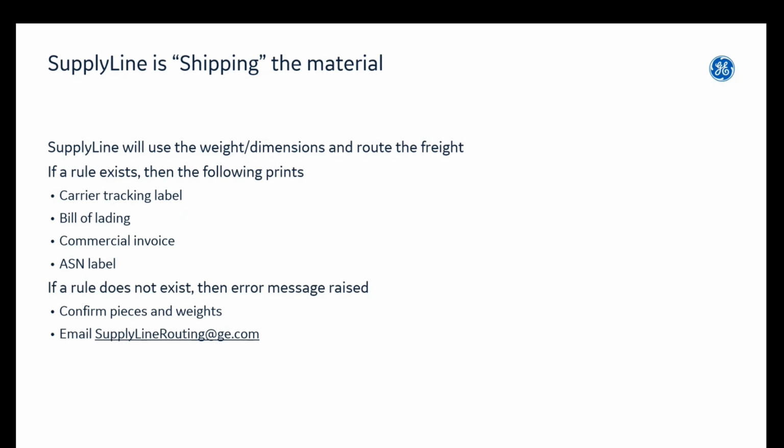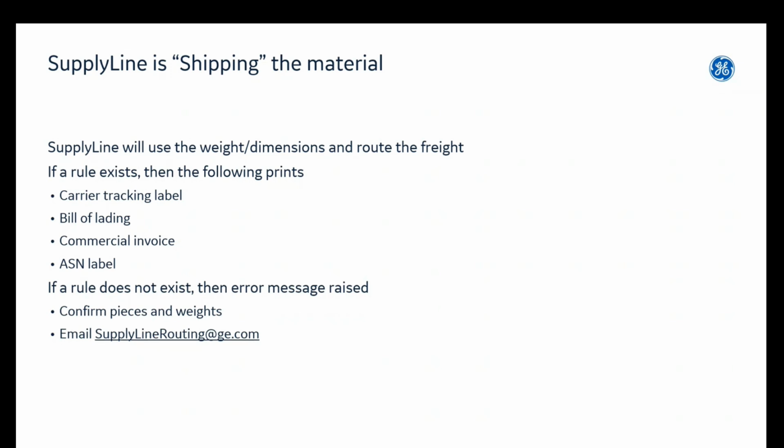If a rule does not exist for any reason, then there will be an error message raised on the screen. What I do ask is that you confirm the pieces and weights, right? If somebody input too many zeros or got something off in one of those fields, it may cause a failure. So just check that first.